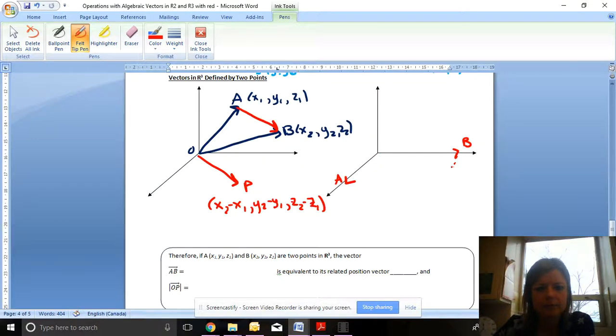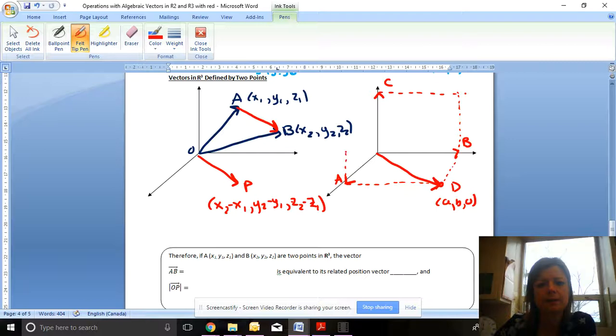And then complete this coordinate box down here. Make this point D. So this is A, B, 0. And we can create a vector OD along the bottom of the box. Then let's create C up here, so we can create the box.